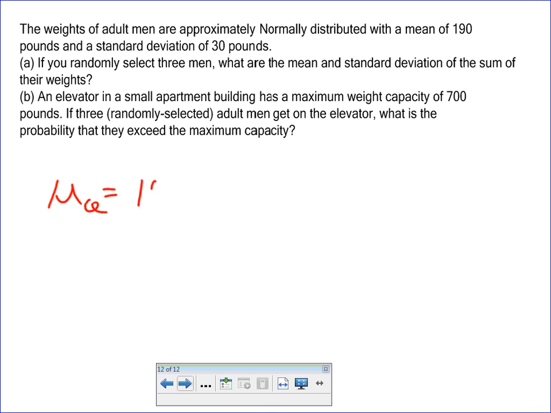That's just going to be 190 times 3, because it's 190 plus 190 plus 190. So the new mean for 3 adults is that.